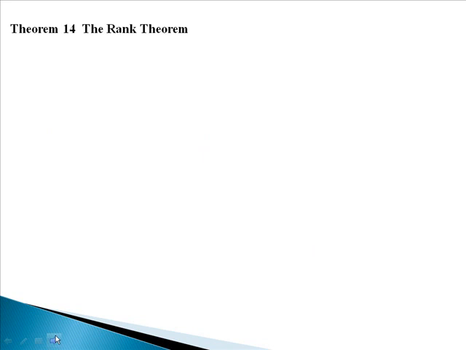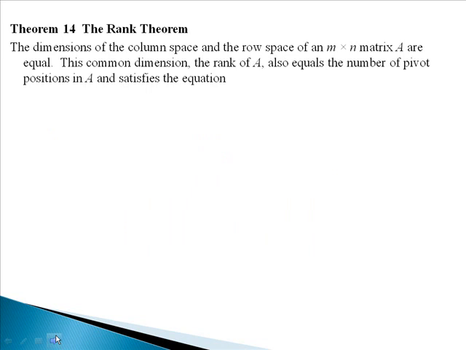So now we're ready to introduce Theorem 14, the rank theorem. The dimensions of the column space and the row space of an m by n matrix A are equal. This common dimension, the rank of A, also equals the number of pivot positions in A and satisfies this equation that we just looked at in the previous slide: the rank of A plus the dimension of the null space of A is equal to n.